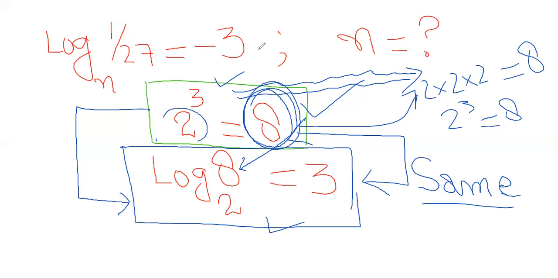This is called the base and this is called the exponent or power. 2 raised to the power 3: 2 is the base and 3 is the exponent. So the log of 8 to the base 2. The log base comes over here, and the exponent is the right hand side.